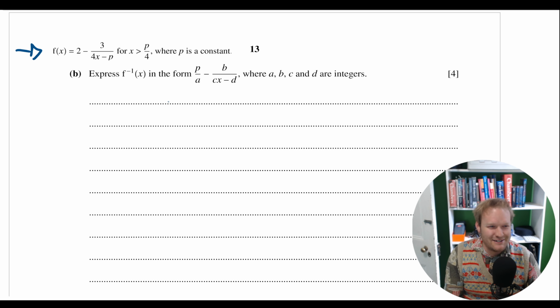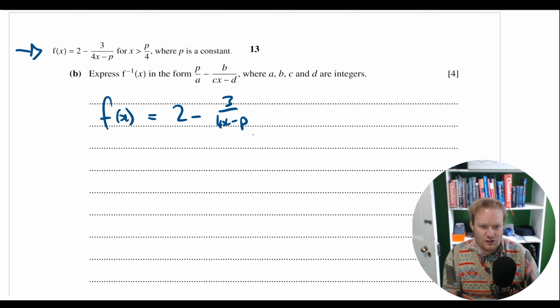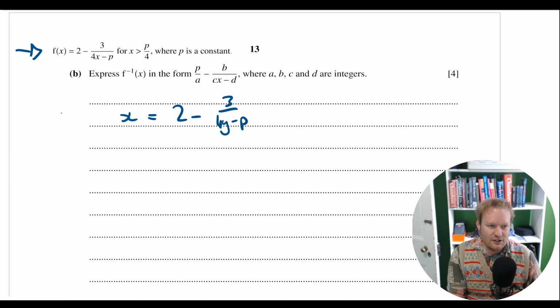Okay, but anyway, let's have a look at this one. We know that f of x equals 2 minus 3 over 4x minus p. p is just some sort of constant, so we'll treat it as a constant. Now, this f of x, of course, is y. So when we find our inverse, we might say, let's do this and say x equals the inverse.